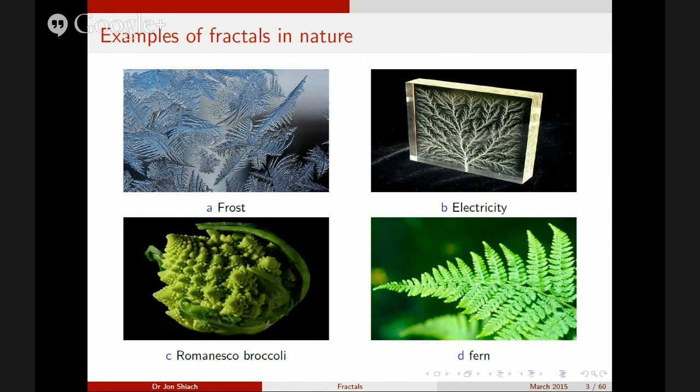This one I quite like down here, broccoli. If you take a standard broccoli from the supermarket, and snap a floret off, that looks like the whole broccoli in itself. That's an example of self-similarity.